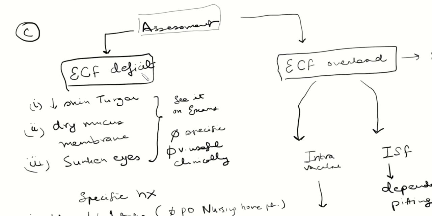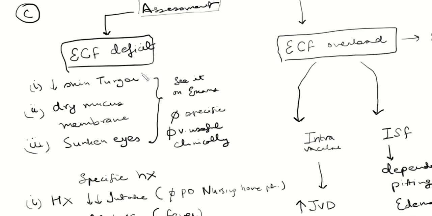If it's ECF deficit, what are things you're looking for? Low skin turgor. You pinch the skin and there's actually tenting going on and it doesn't recoil back very quickly. That's decreased skin turgor. There's dry mucous membrane. Look at somebody's lips and tongue, and you're going to see it's not moist.